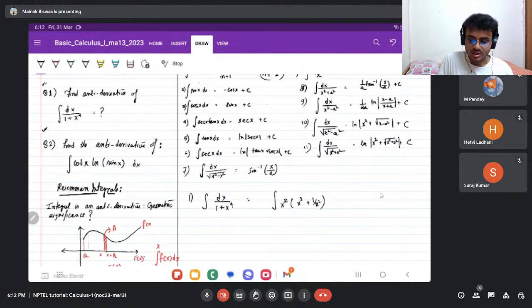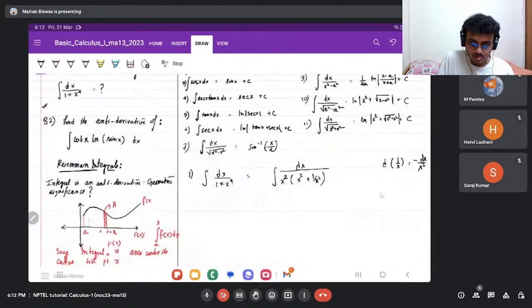So why am I doing this? Because you remember d of 1 over x will be minus dx over x square. So something like this I'm going to try.